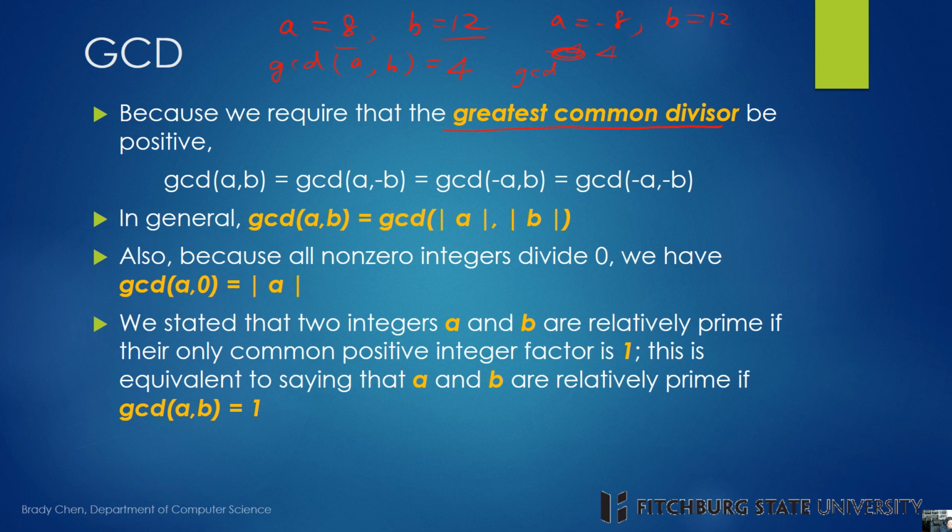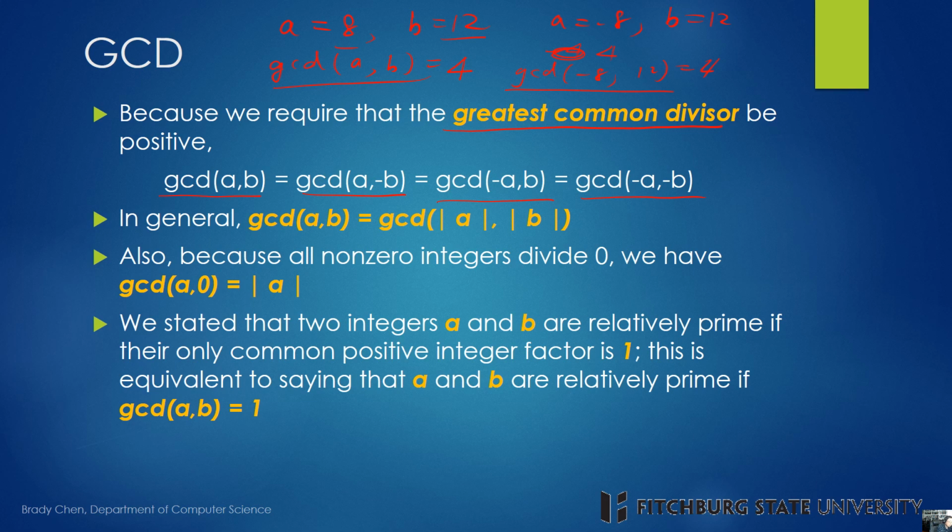The greatest common divisor of negative 8 and 12 is also 4, even though negative 4 divides both numbers, because to make sure the greatest common divisor is unique, we always assume it's a positive number. So in general, the greatest common divisor of A and B, of A and minus B, of minus A and B, and of minus A and minus B are the same.